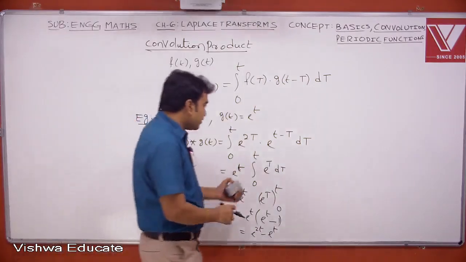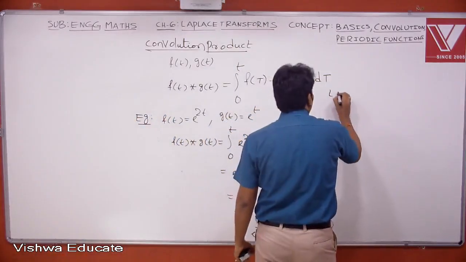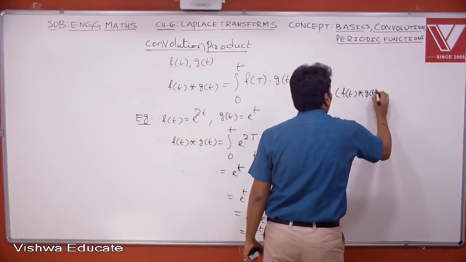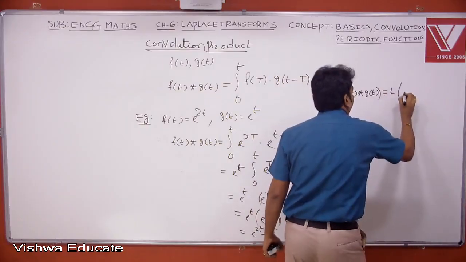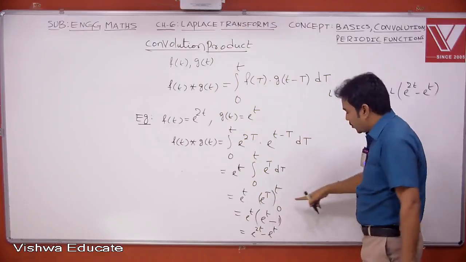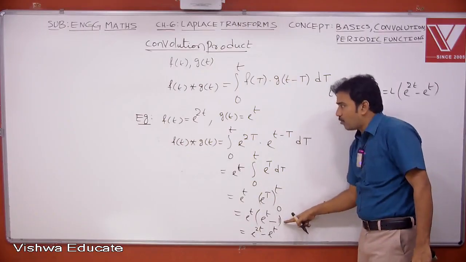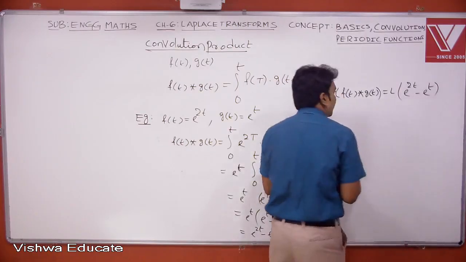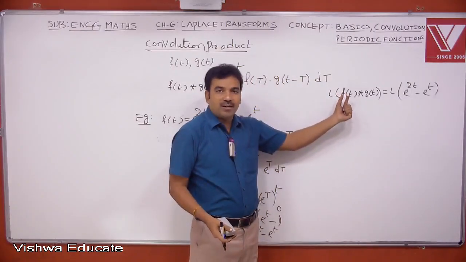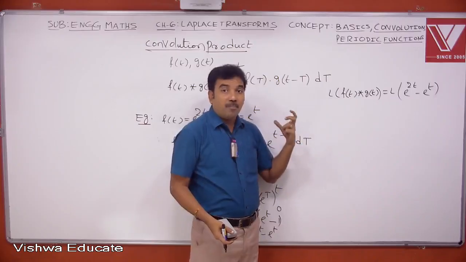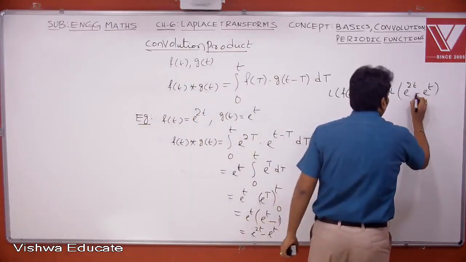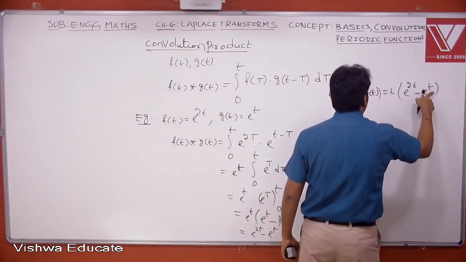Now, let us find the Laplace of this convolution product. Laplace transform of f of t star g of t is Laplace of e power 2t minus e power t, because this value is e power 2t minus e power t. What my intention is, I would like to express the Laplace of the convolution product in terms of the product of the Laplace of the individual functions, right? So here we have Laplace of e power 2t minus e power t.